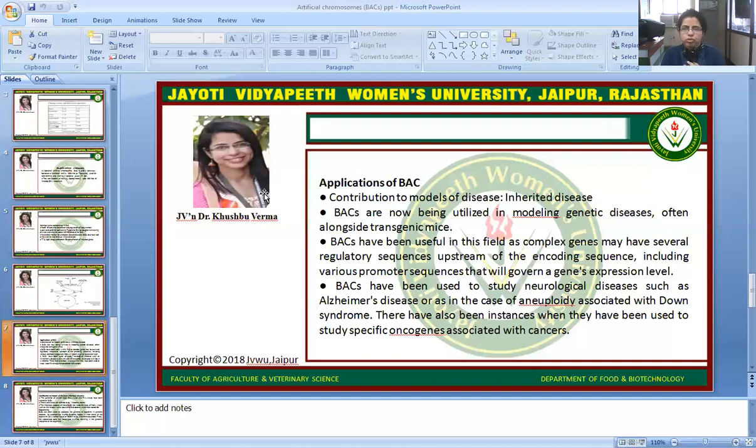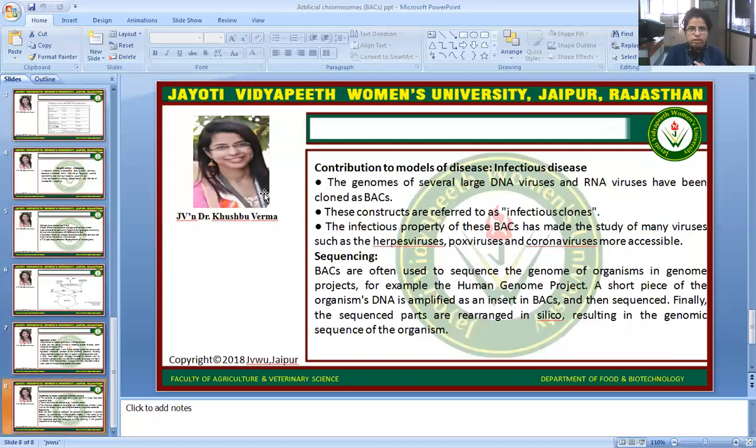BACs have been used to study neurological diseases such as Alzheimer's disease, or as in the case of aneuploidy associated with Down syndrome. There have also been instances when they have been used to study specific oncogenes associated with cancers.